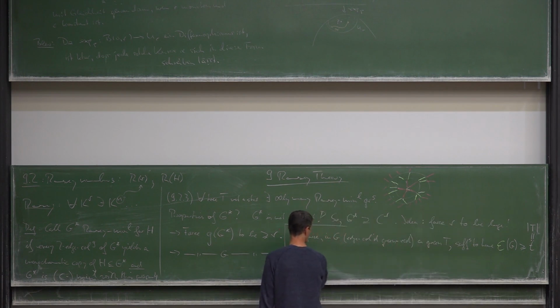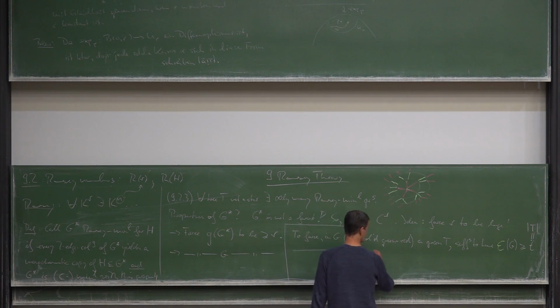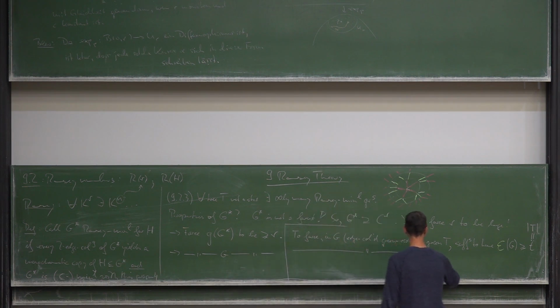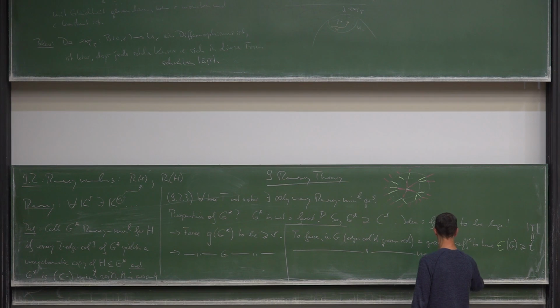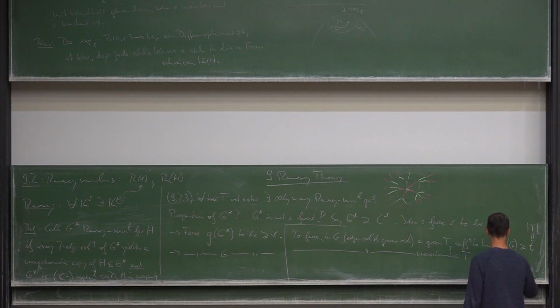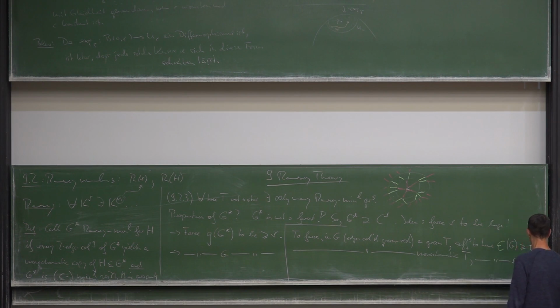So to force a monochromatic T, it suffices to have epsilon of G at least 2T.